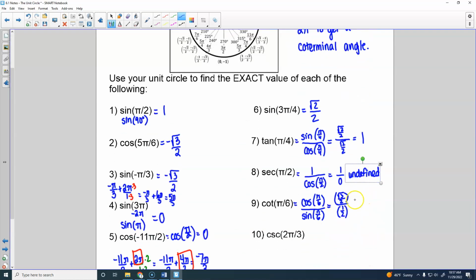Now, I don't think they're probably going to let us leave it as a complex fraction like that. So, when we have complex fractions, that's fraction divided by fraction. Dividing fractions is easy as pie. Flip the second and multiply. These 2's right here will cancel each other out.